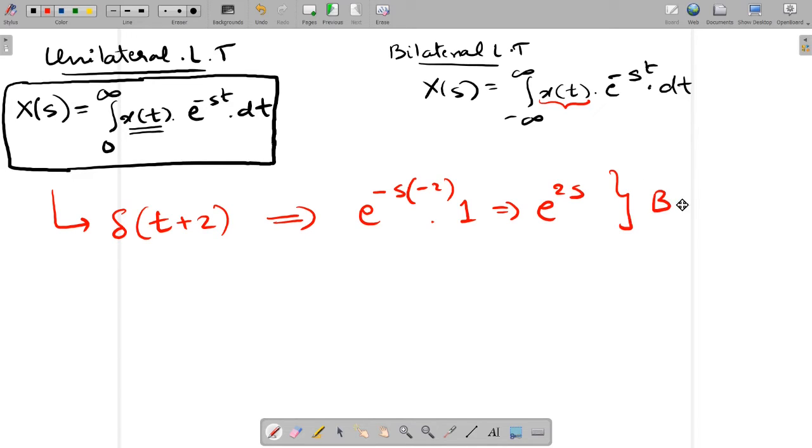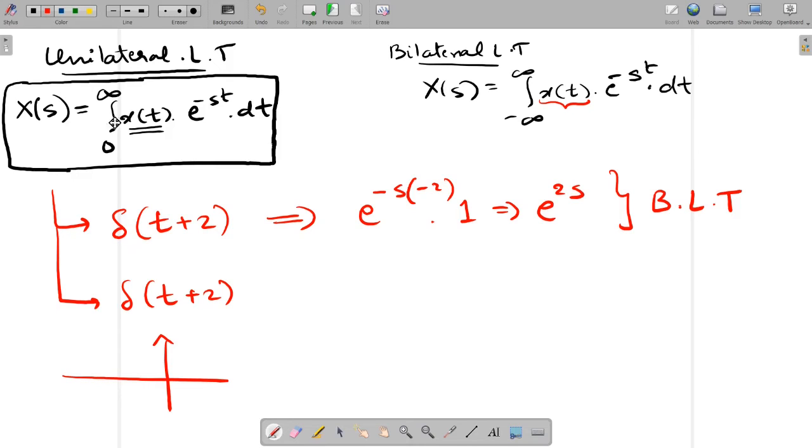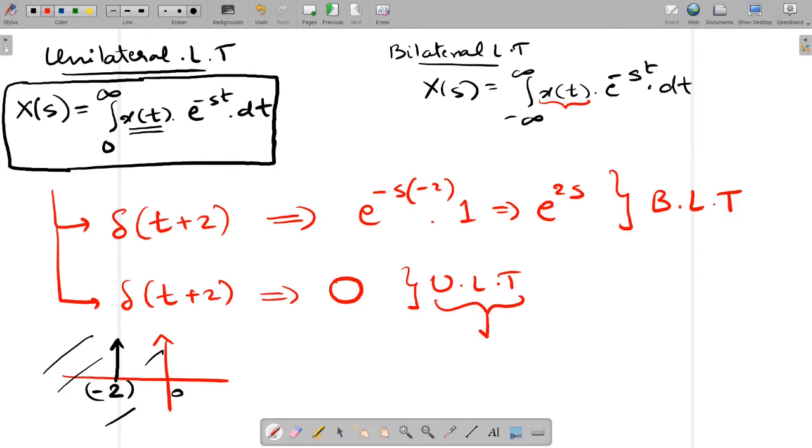But for unilateral, where does delta t plus 2 lie? It is a left-shifted signal, at the -2 location, on the negative axis. Therefore, the unilateral Laplace transform of delta t plus 2 is 0, because ULT is only for causal signals, t more than 0.